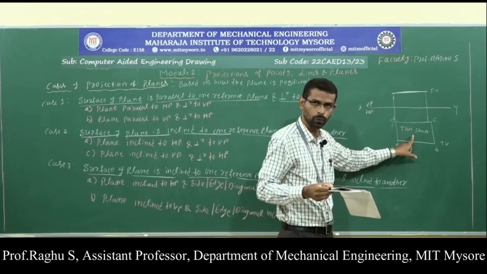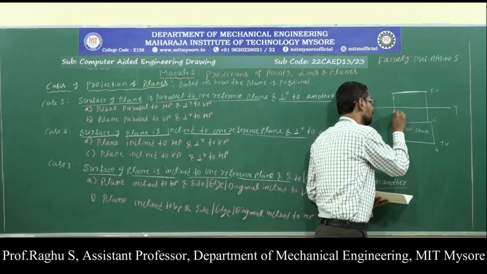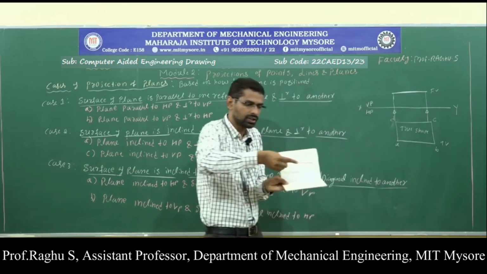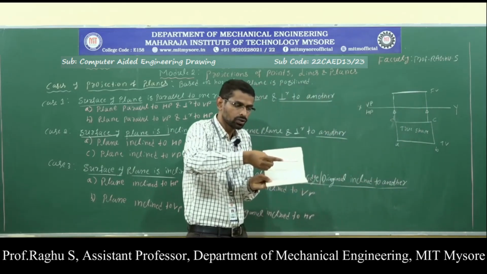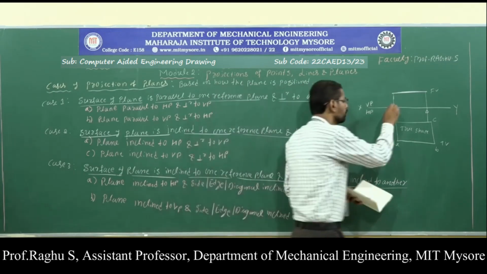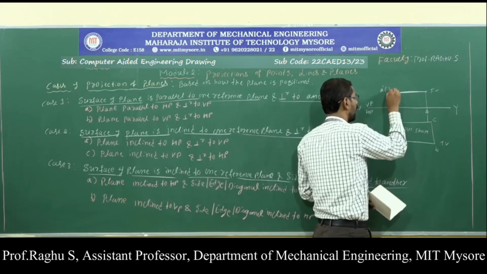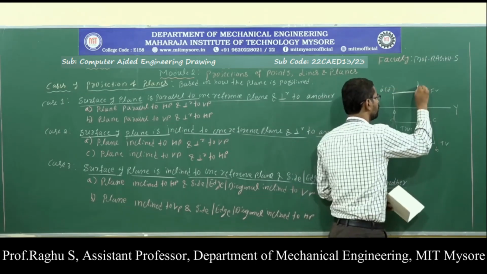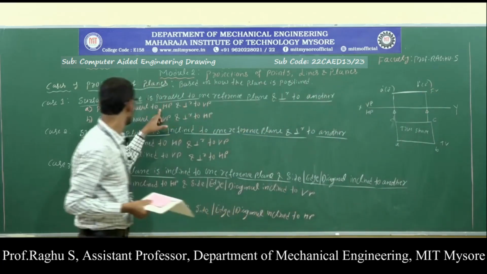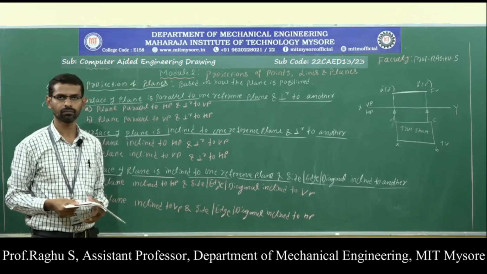Then draw the opposite view, the front view. In the front view, this lamina appears as a straight line. Point A is visible, point D is behind, invisible, and B is visible and C invisible. So this is the solution for the first case, plane parallel to HP and perpendicular to VP.